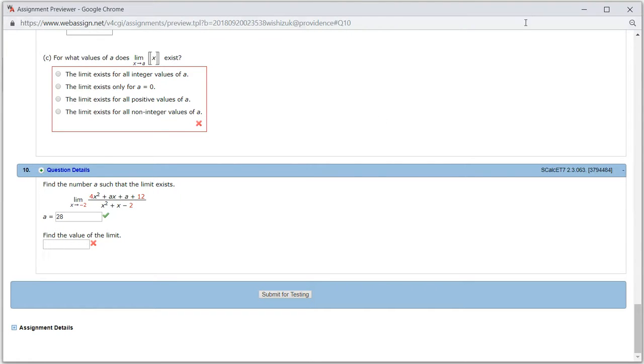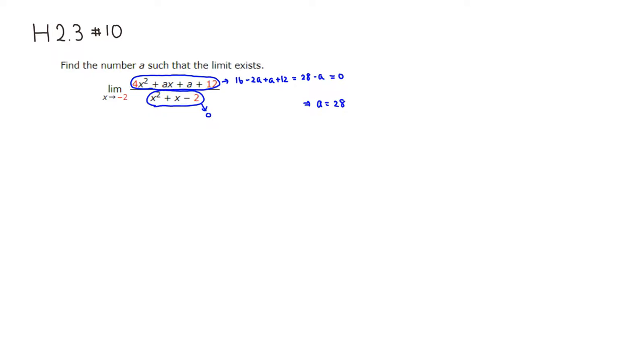Let's find the limit here. Plugging in 28, we're going to get this: the limit as x approaches -2. I'm going to go ahead and factor the denominator, so you're going to have x plus 2 times x minus 1.